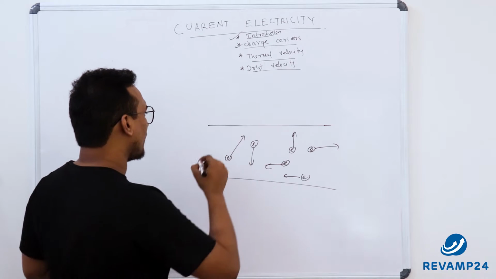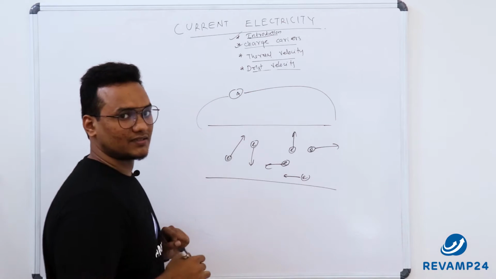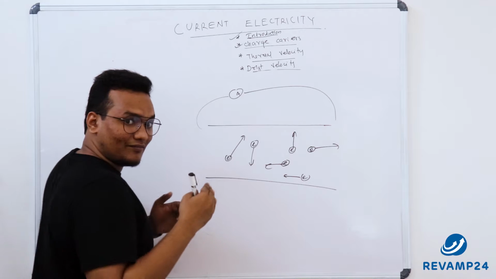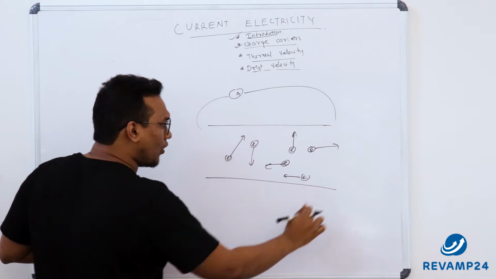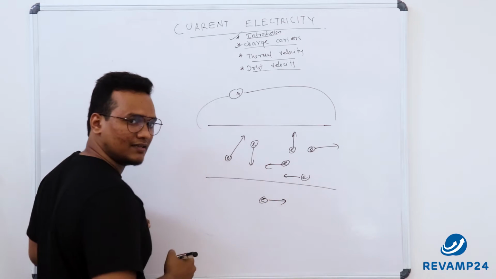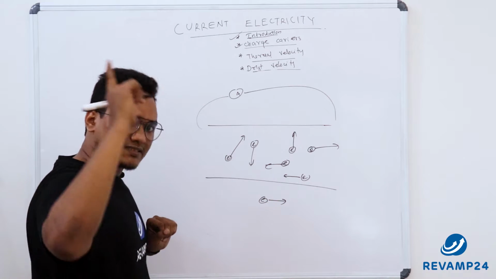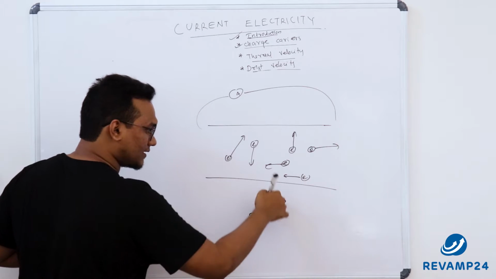But why are we not able to measure a current in this case if there is movement of charges? Check what the net movement of charges is. As there are a lot of electrons, whenever an electron is moving in this direction, there is a chance that some other electron is moving in the opposite direction, cancelling the effect.